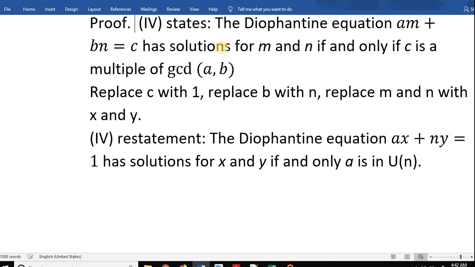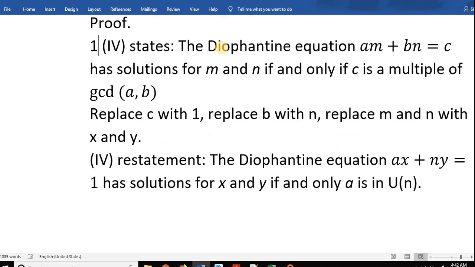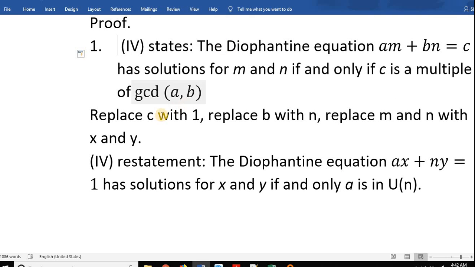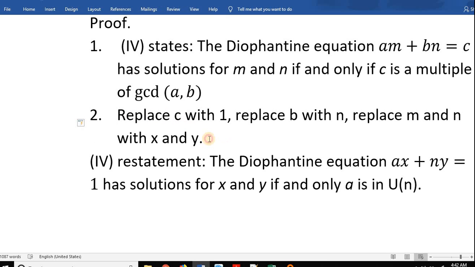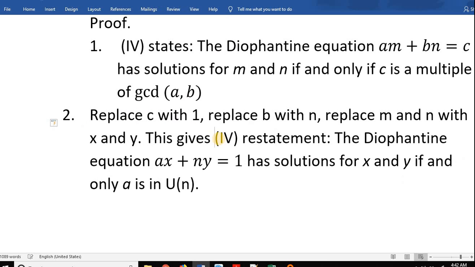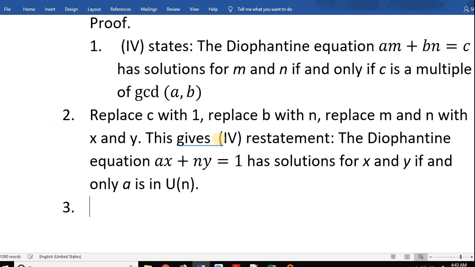Let's make this point 1. And then let's make this point 2. This gives 4. All right, so we know now that this equation, ax plus ny equals 1, has solutions for x and y, if and only if a is in U of n.